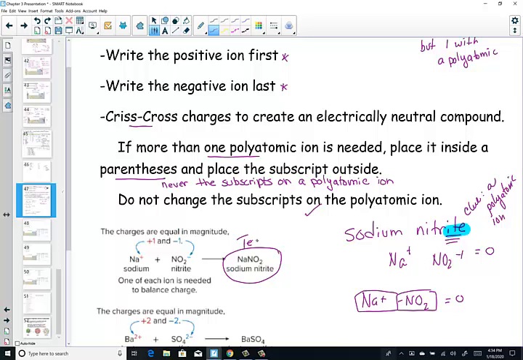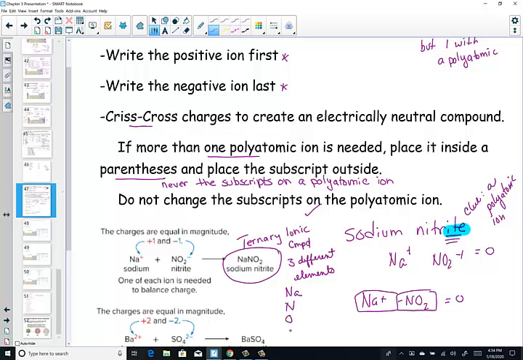It is considered to be a ternary ionic compound because there are 3 different elements. I see a sodium, Na, I see a nitrogen, elemental symbol N, and I see an oxygen.